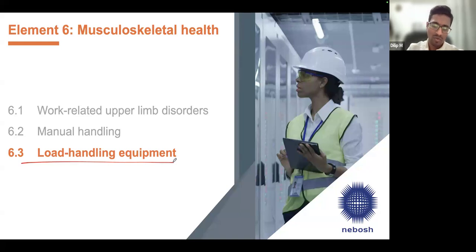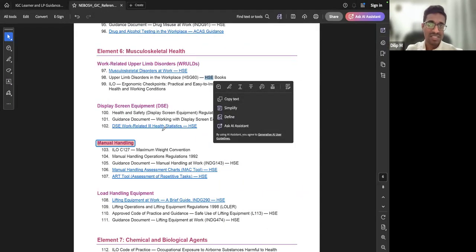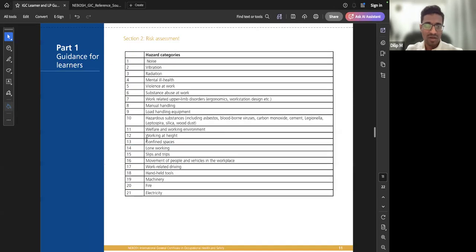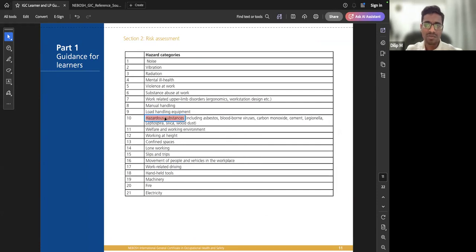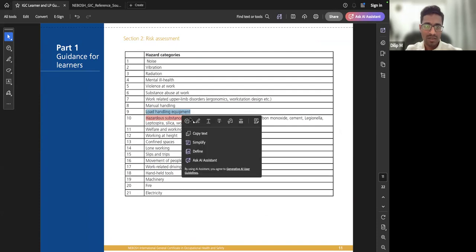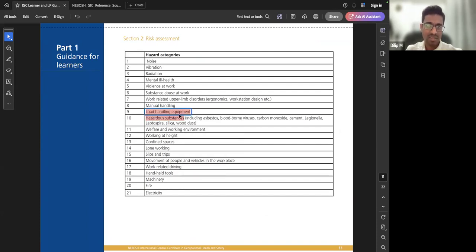And then we would be moving to element number 7, which is about chemical and biological. So the topic is hazardous substances. Tomorrow we would start and complete chapter 6, the last learning outcome, load handling equipment, and then continue with the learning outcome of element number 7, which is hazardous substances.